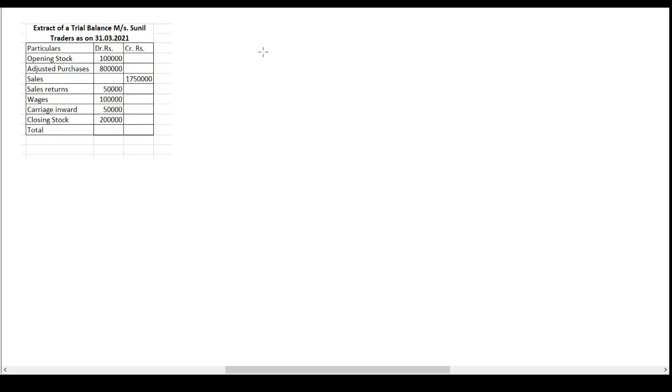Now in our earlier videos we have seen that closing stock was given outside the trial balance. In many problems in final accounts we find that you are given closing stock as part of adjustments. When closing stock is given outside the trial balance, we pass an adjustment entry: closing stock account debit to trading account.